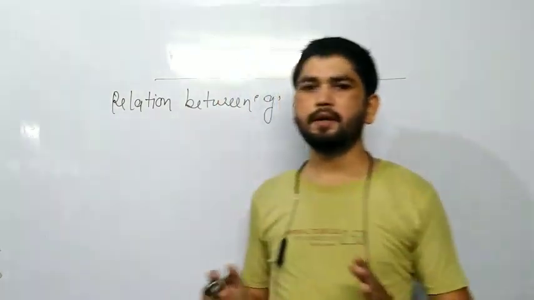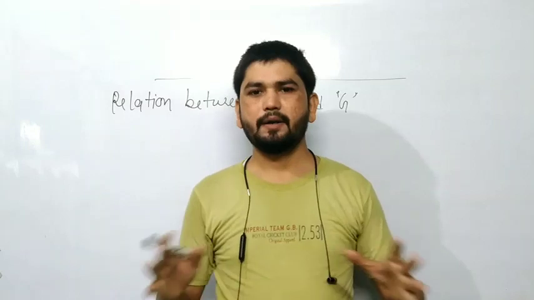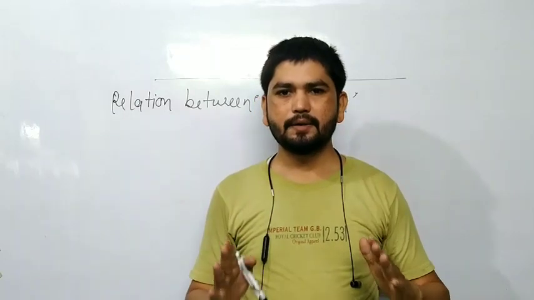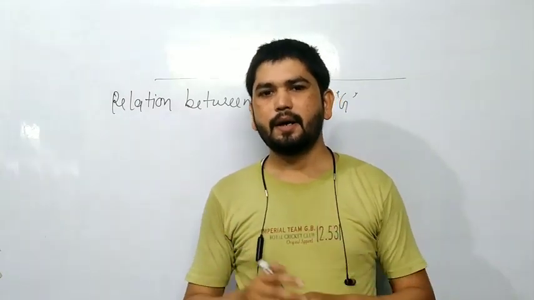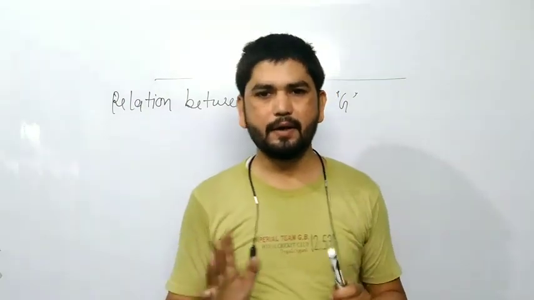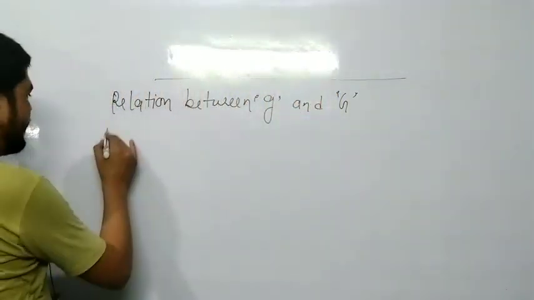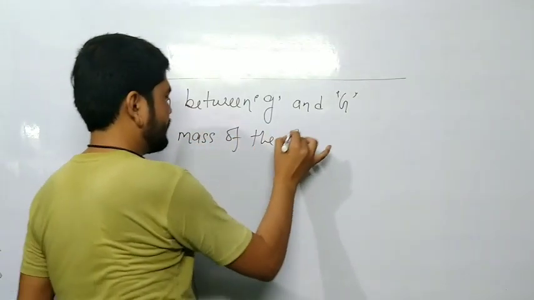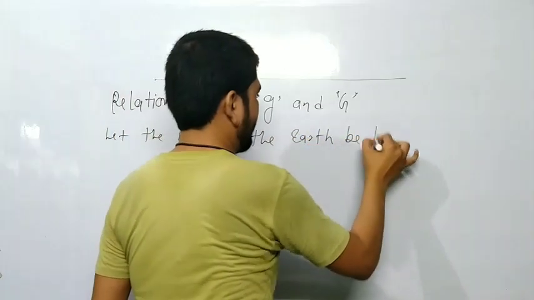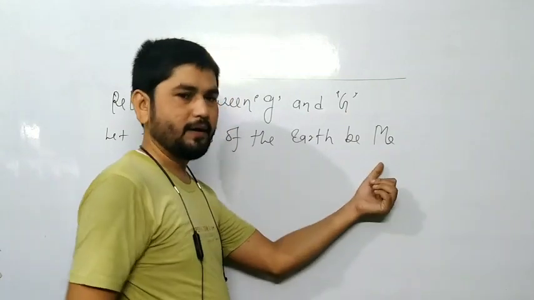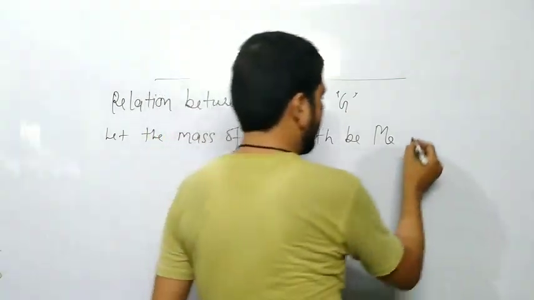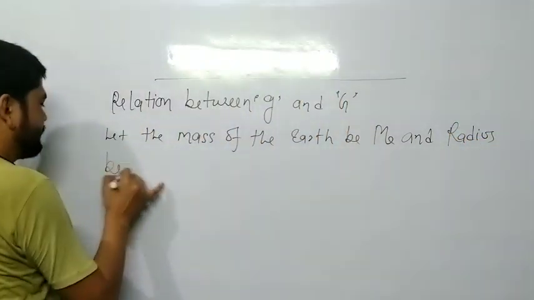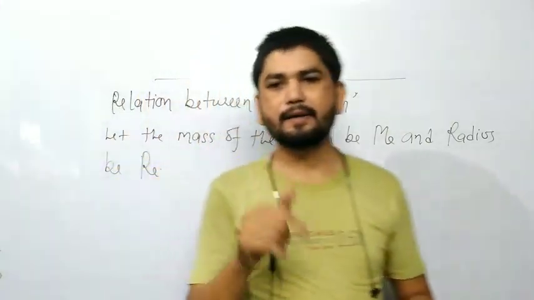So see here, let the mass of the earth be M. Let the mass of the earth be M, and its radius be R. Why M_E? E stands for Earth. Mass of Earth, and R stands for radius of Earth.